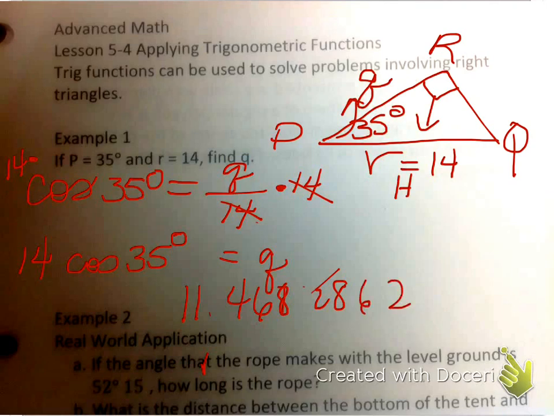We're going to round to the nearest tenth, so that will be the 6. I'll round up to 5, so 11.5 is Q.